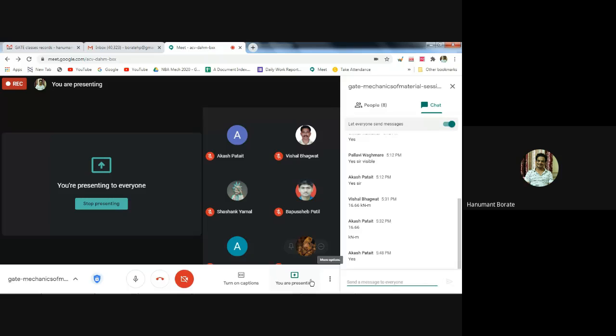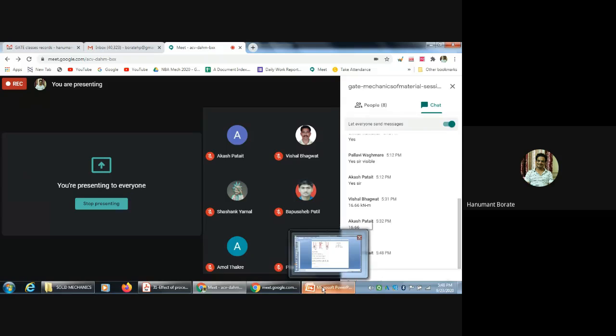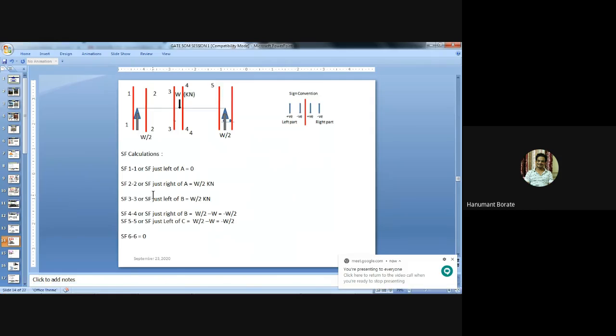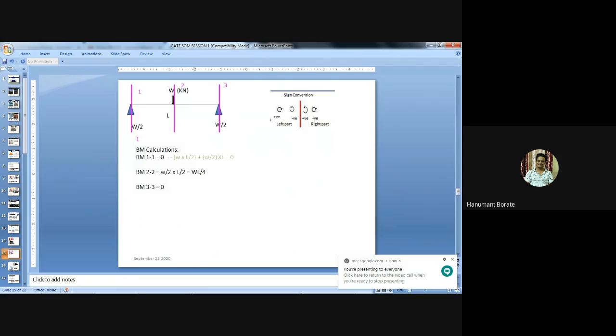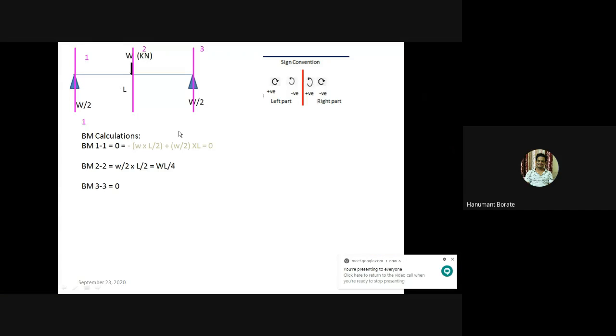Yes, now we'll move to the bending moment calculations. Now you can see here, for the bending moment I have taken 3 sections.